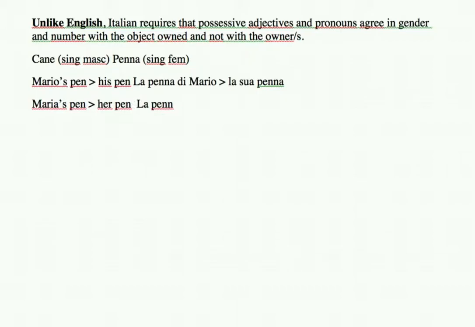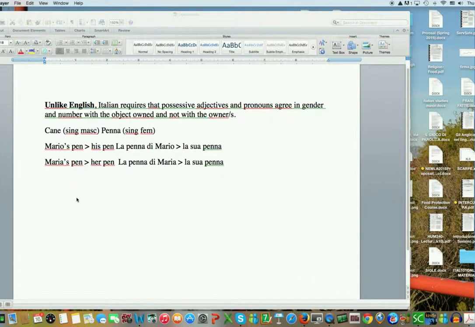Let me remove this. Okay, "la penna di Maria", "la sua penna". And again, we have "la sua" not because of Maria, but because of penna. Okay? Let's see now a plural word.